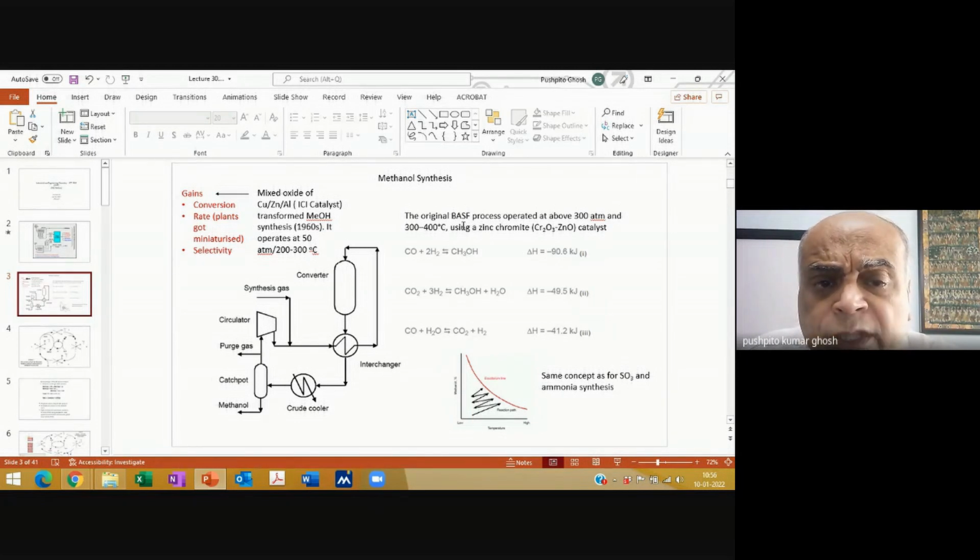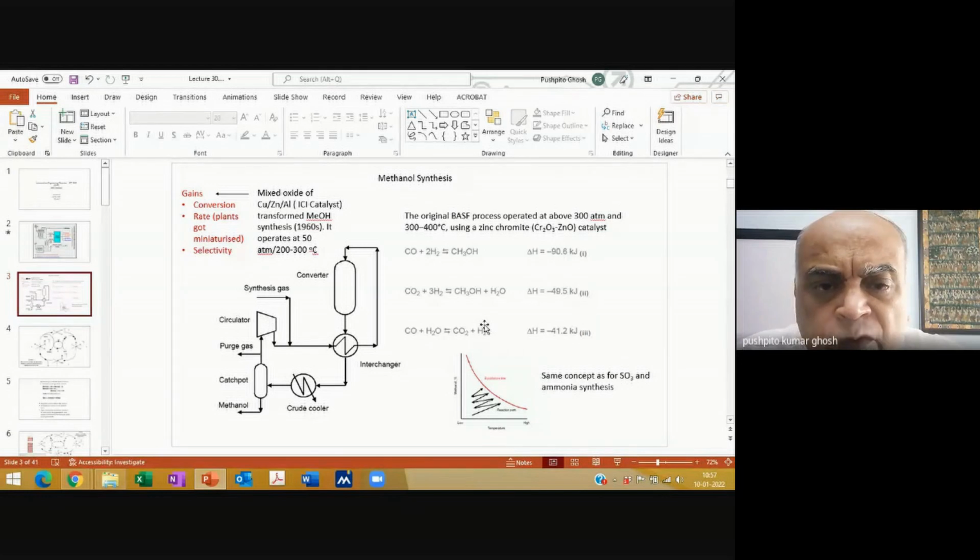And also, they were trying to do it at a lower pressure, although, of course, pressure would favor this particular reaction. So there was a huge effort made to try and reduce the temperature and pressure in the production of methanol.